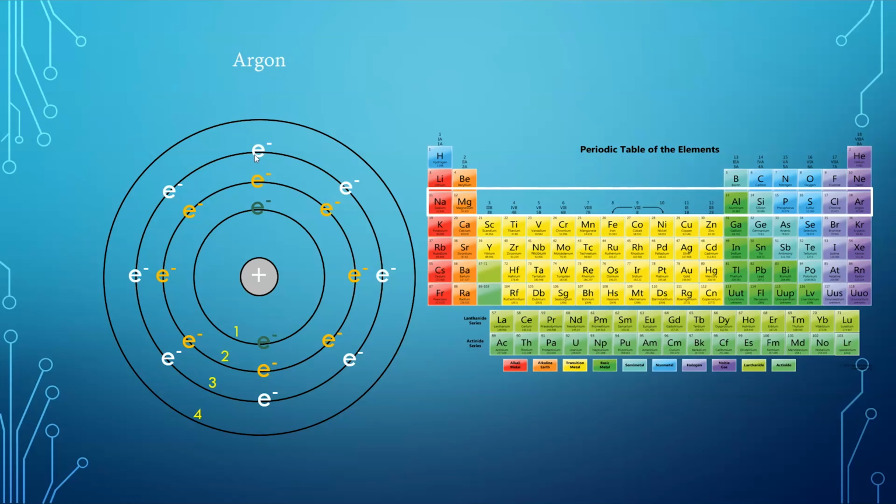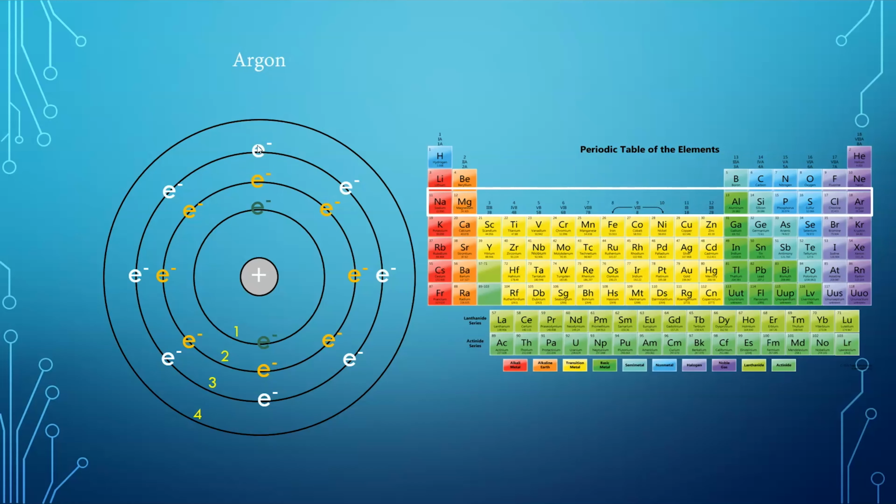The trend then that we notice is every time we started a new period on the table, we started a new level in the atom. When we began period number 1, we began filling energy level 1. When we hit lithium and began to fill period number 2, we went to energy level number 2. When we started with sodium in period number 3, we went to energy level number 3.